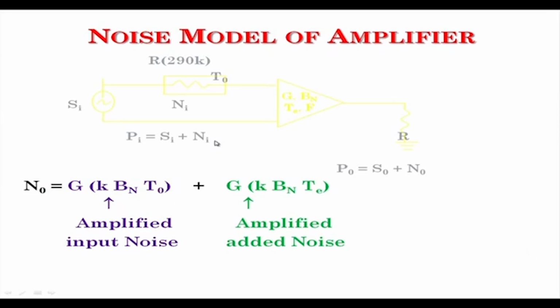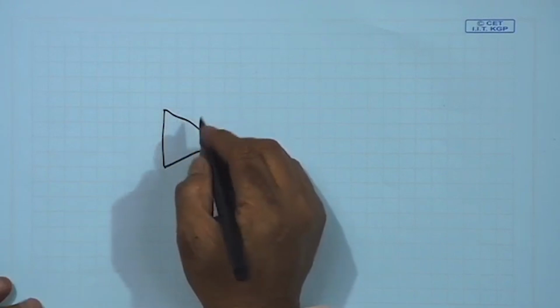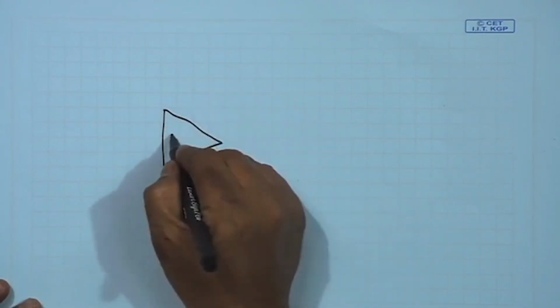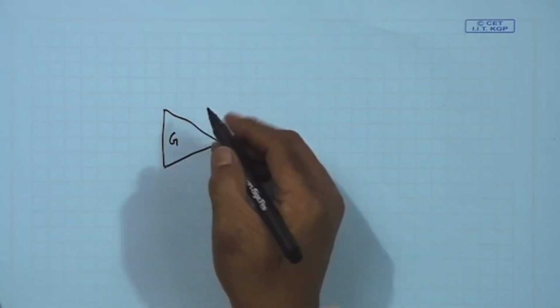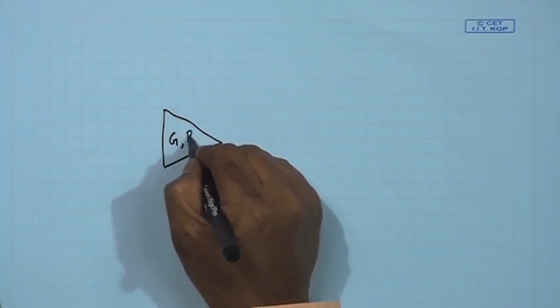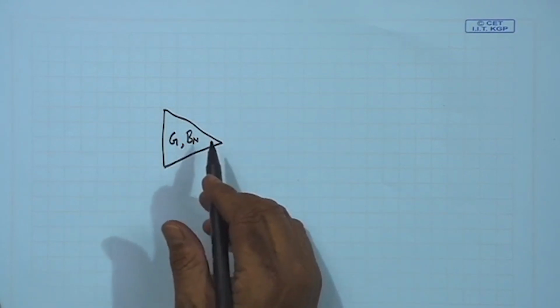Now, let us see the noise model of an amplifier. I think the picture is not very visible. I have an amplifier. The amplifier has its gain, and also some noise equivalent bandwidth. These terms I think you are familiar with.